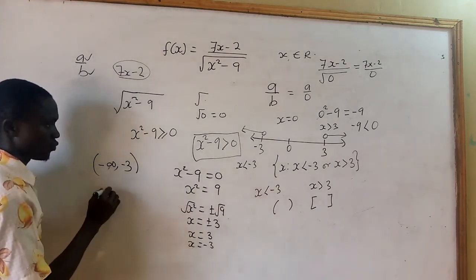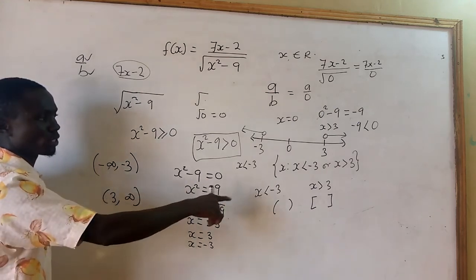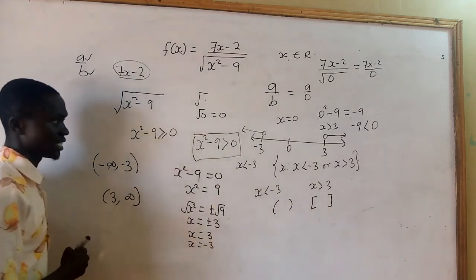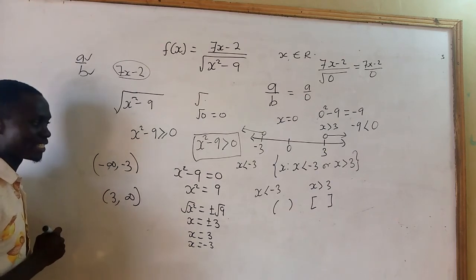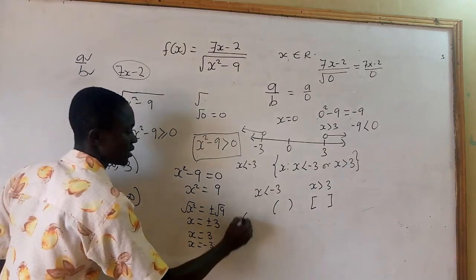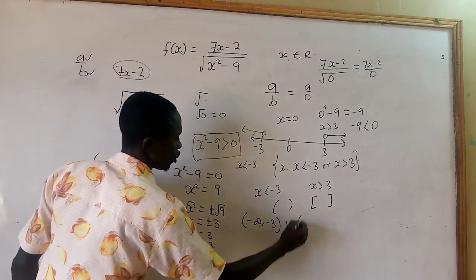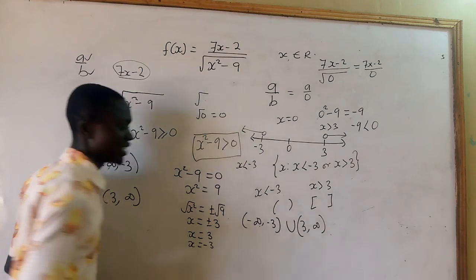And then we are going to have positive 3 to positive infinity, because numbers that are greater than positive 3 will go up to infinity. So now let us write the domain using the interval notation. We are going to have negative infinity to negative 3 union positive 3 to positive infinity.